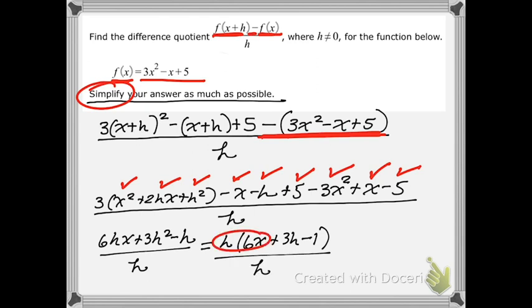I have 6xh, or 6hx, and then 3h squared, and I've got minus h. So that all checks out. The h's cancel, and that's my answer: 6x plus 3h minus 1.